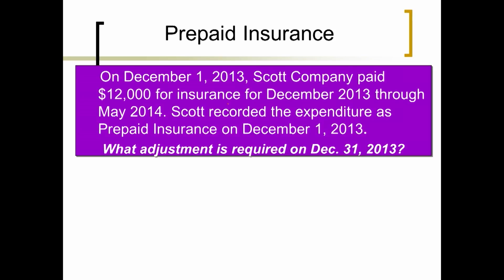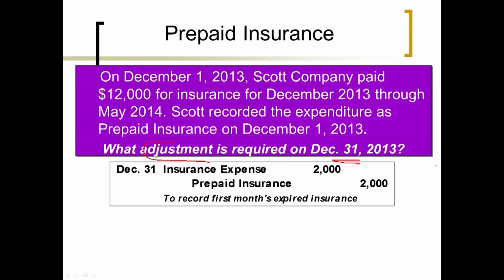What adjustment is required on December 31, 2013? Well, if this company paid $12,000 for insurance coverage for 6 months, basically what is their insurance per month? $2,000. So they need to decrease their prepaid insurance by $2,000 at the end of December.